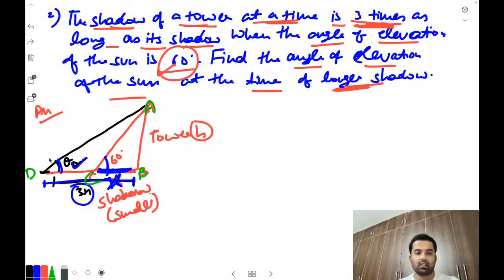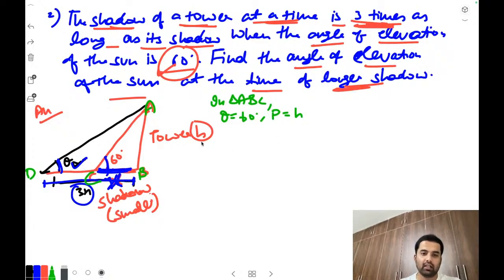Okay, let me take the first triangle, triangle ABC. Theta is given. Theta is 60 degree. Perpendicular value is what? Height only, right? We don't have any perpendicular value, so let it be P only. And the base is what? Base is x.